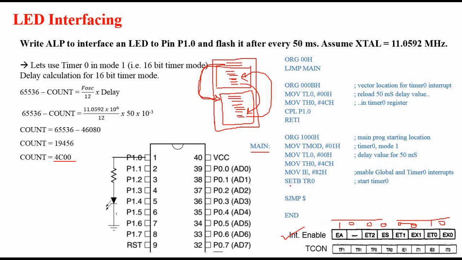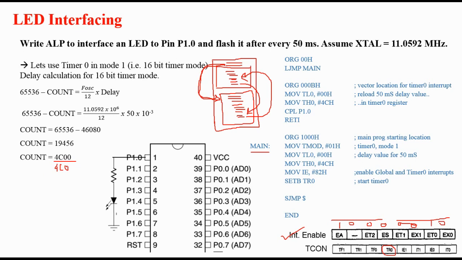Then we will write SETB TR0. TR0 is the bit in the TCON register. This is called the timer run control bit. When you set this bit, the timer will start, and in this way the timer will start counting in the upward direction.